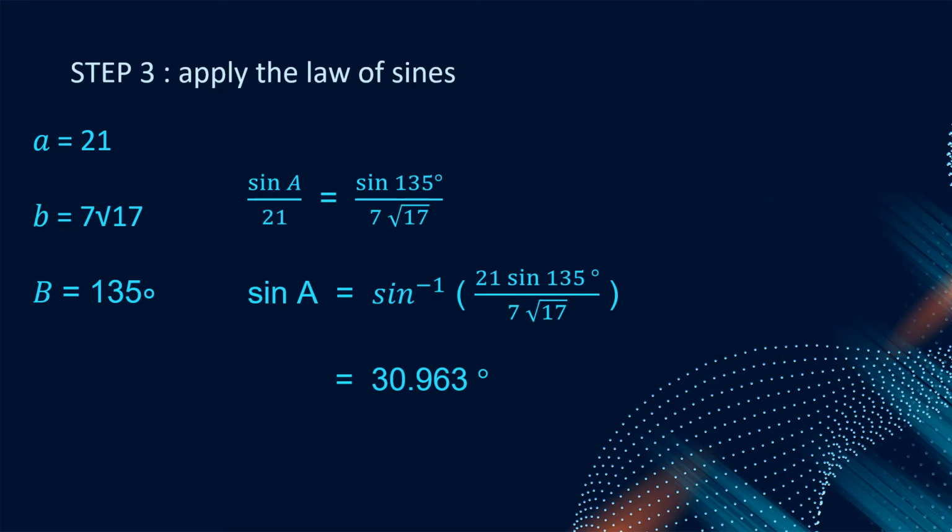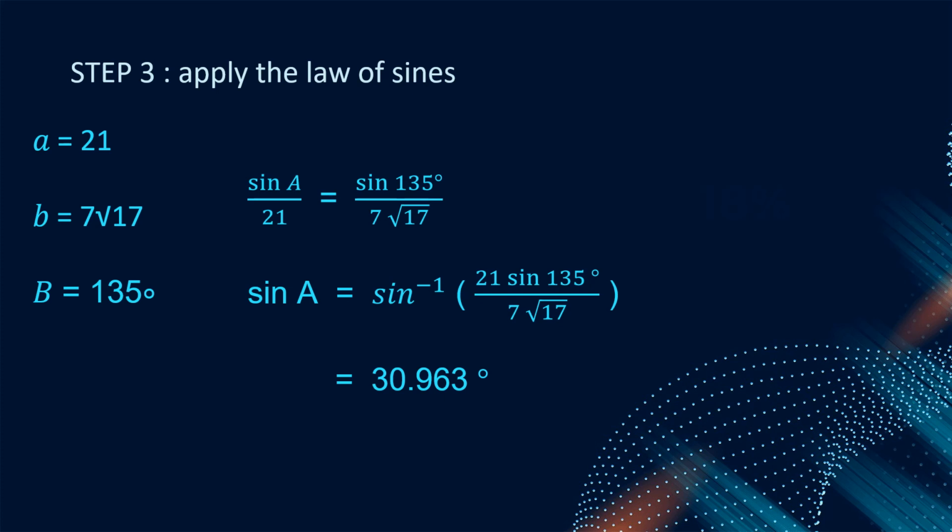Okay, we are close now. So step 3, apply the law of sine. You already know a is 21, b is 7 root 17, and B is 135 degrees. So have you all memorized the sine rule? I hope so, guys. If you don't remember it, just rewind the video.